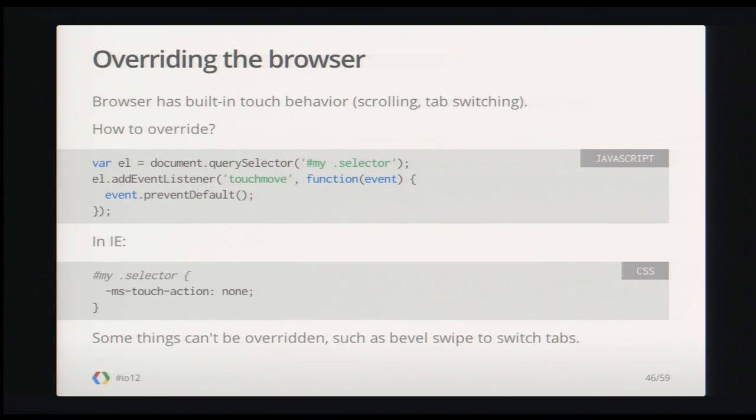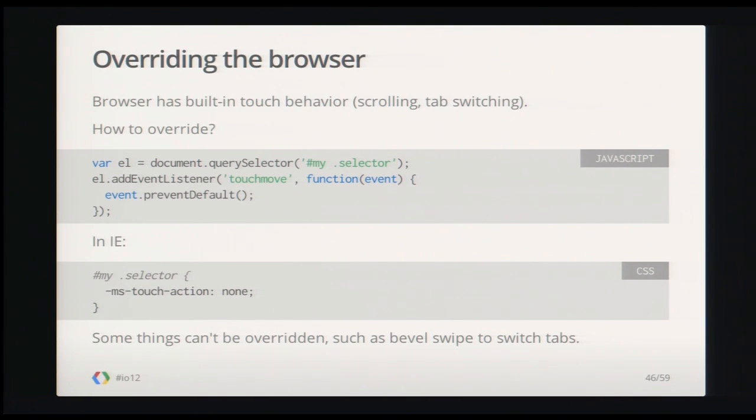So one of the first things you'll notice is the browser has its own touch behavior. So like I mentioned earlier, pinch zoom is one of them. Scrolling is another. Tab switching, as you probably saw in the keynote this morning, between tabs when you slide from the side of the bevel on some browsers.